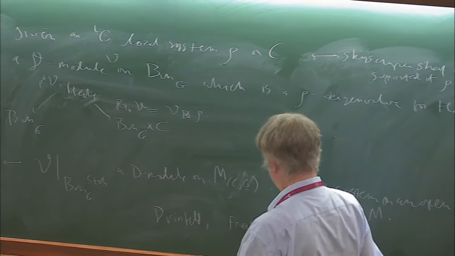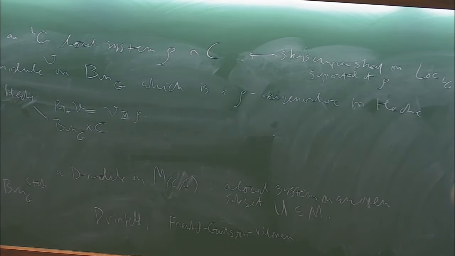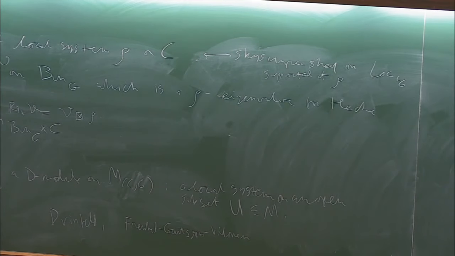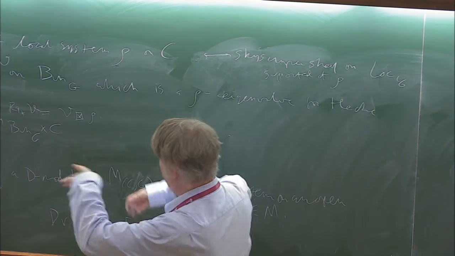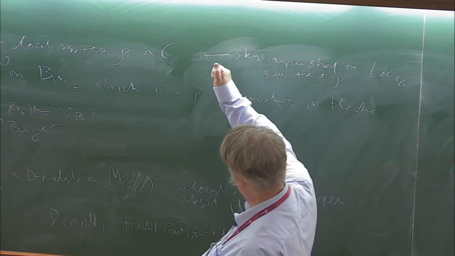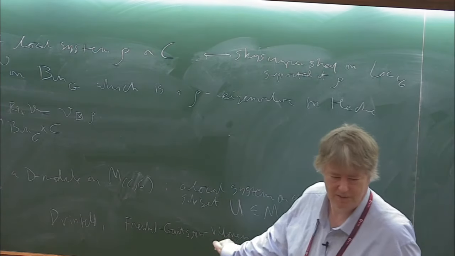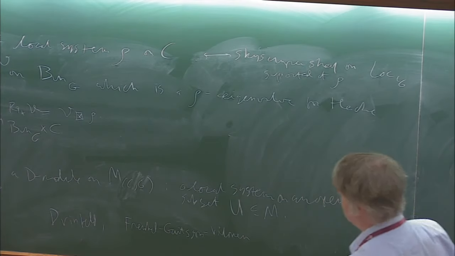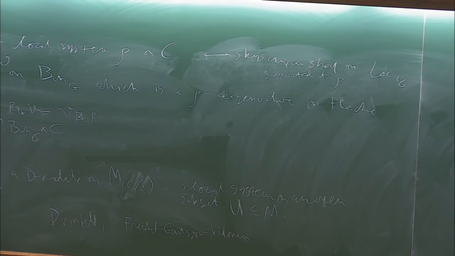Not to speak of course, obviously all the people who do this in characteristic p and number theory and stuff like that. But it's very difficult to understand what their actual operation is in just these simple terms, right? You can write D modules and stuff like that, very complicated, but just in really simple terms, you take a local system, you're supposed to get another local system. Okay? That's not easy to, at least I didn't find that easy to understand.